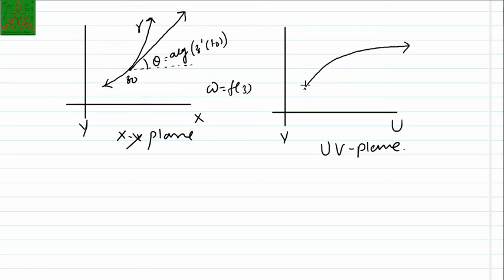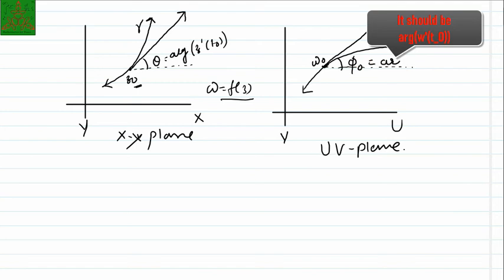The image of the point z0 is a point w0. Now the angle of the tangent at this w0, the slope of this tangent, we denote as phi of z0, and that is nothing but the argument of f dash of z0.